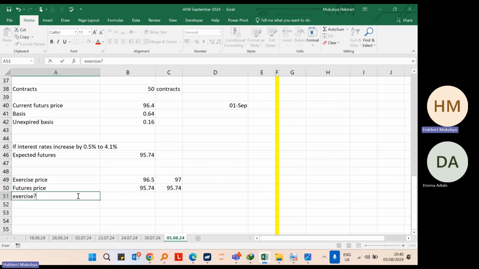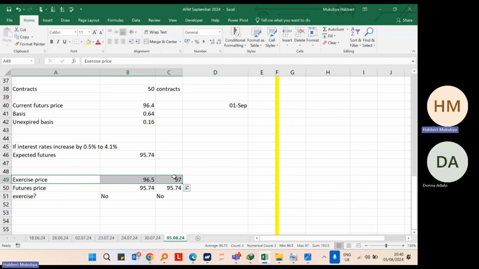And in this case, because you can buy at 97, and again you can buy at 95.74 in the market, you don't exercise the option because it makes you buy at a higher price.